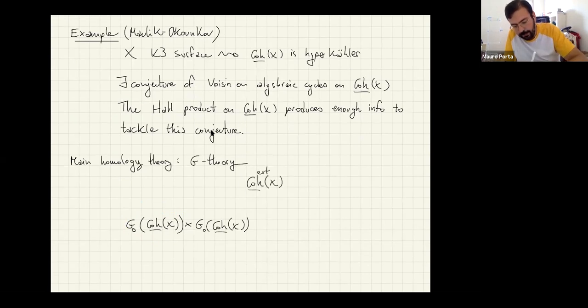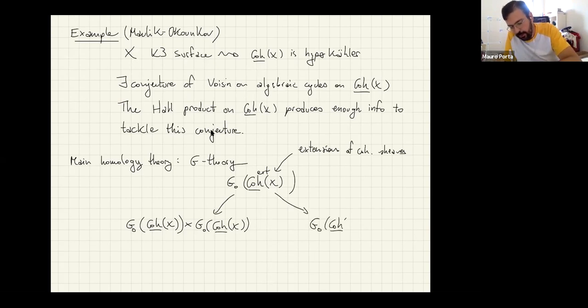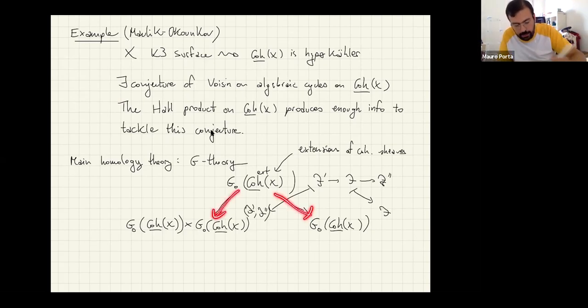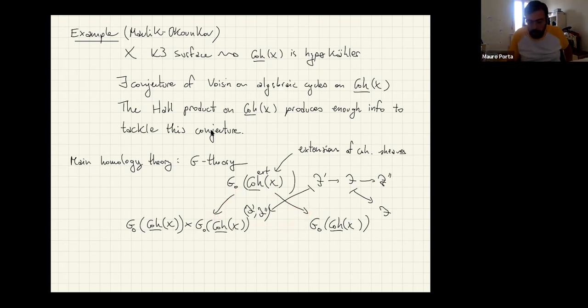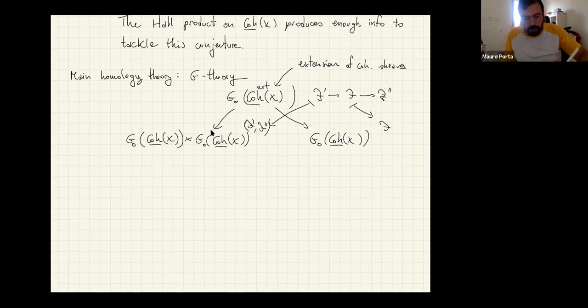We look at the stack of extensions, short exact sequences of coherent sheaves, and if we have a short exact sequence F', F'', this is sent to the middle term on one side, and to (F', F'') on the other, and then you do push-pull. This gives you a map at the level of homology, which is an associative multiplication on this set, called the Hall product.